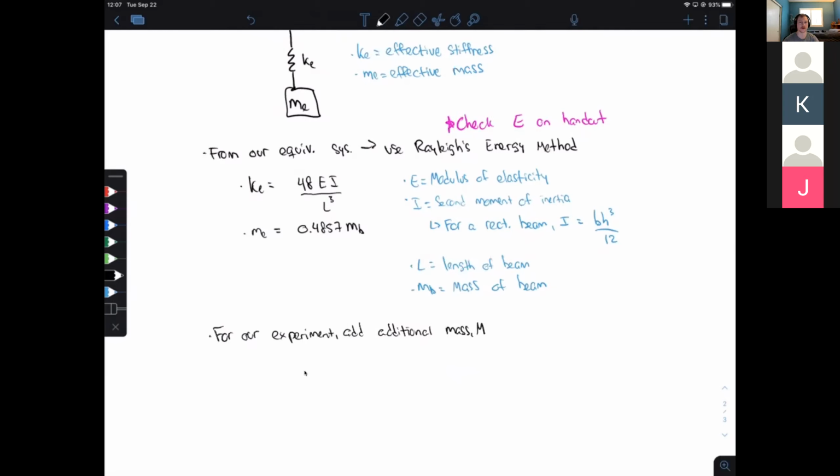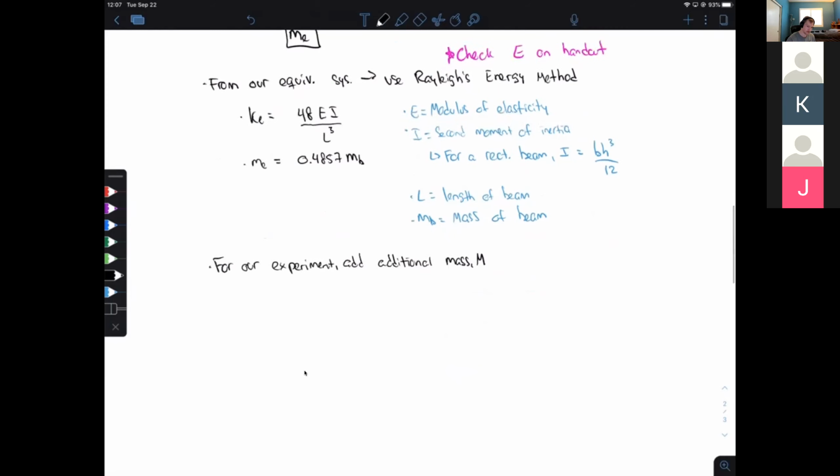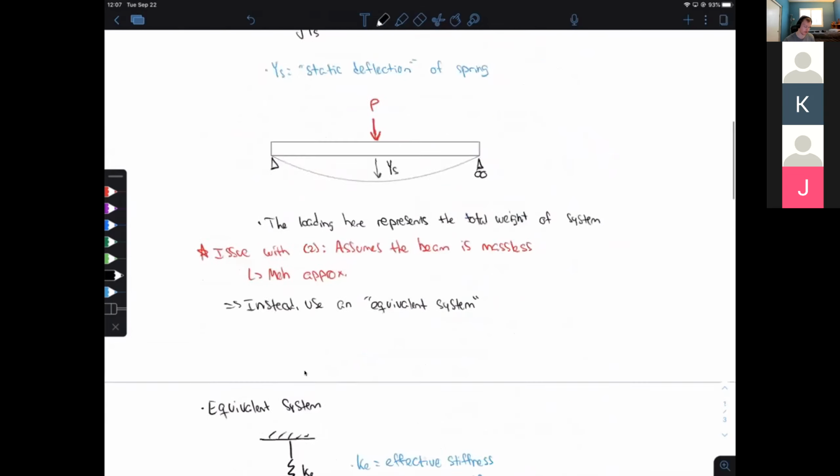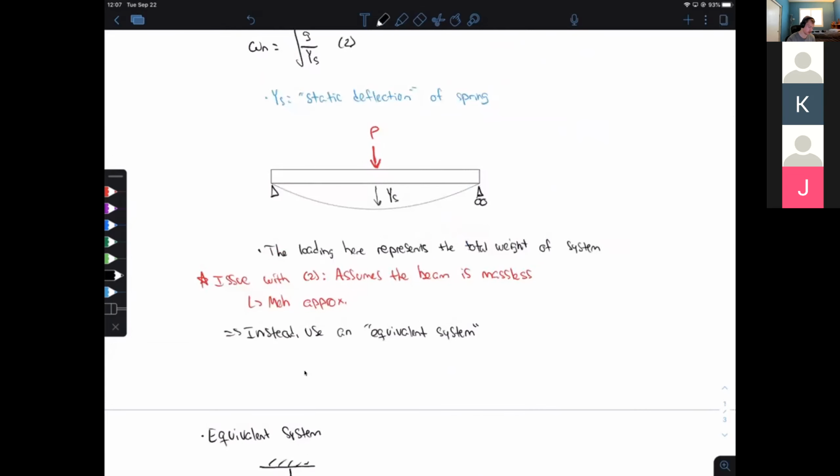And we're going to call this additional mass capital M. So we can kind of model this out in a figure here. We have one end that's fixed and the other end is fixed. The figure I drew earlier with the pin and the roller, those should be fixed.